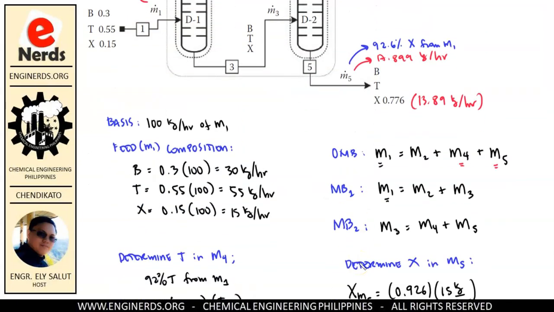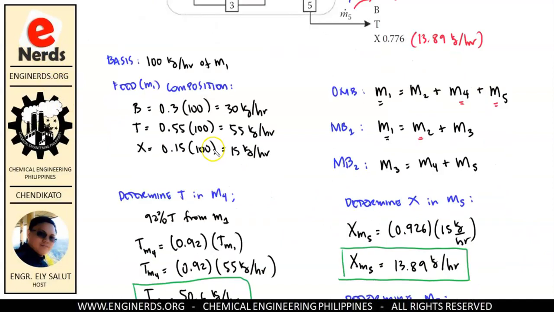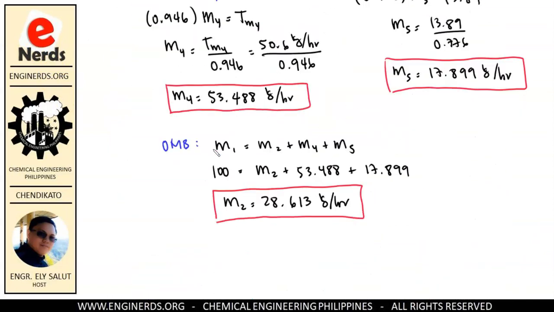And we can do that by using any of these balances, because we know the value of M1, M2, we don't know M3, and in here M3 is equal to M4 plus M5. So I'm going to use this one, okay, our material balance in the second unit. So I'm going to determine the value of our M3.